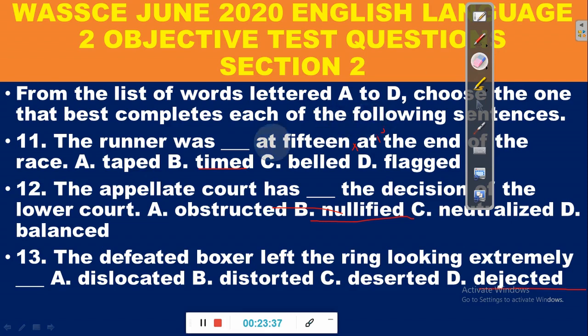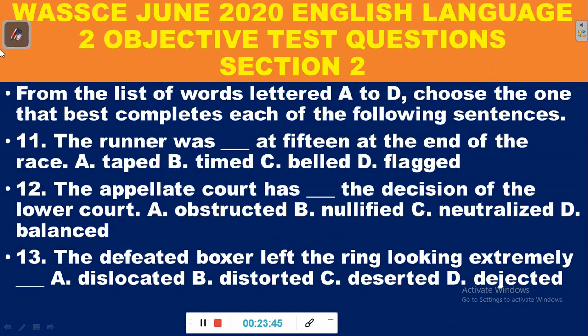All right, so let's move on to the next page, but let's have a clean sheet so that we won't be disturbed.